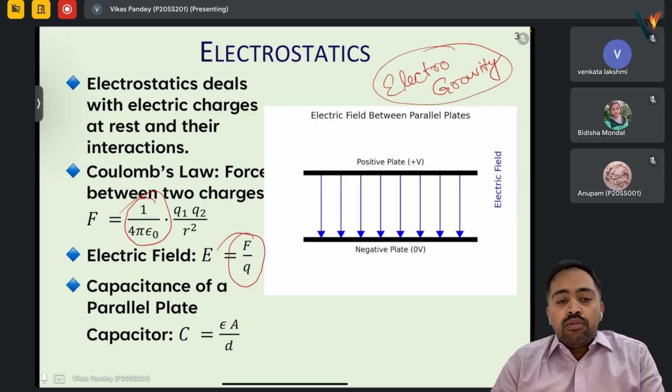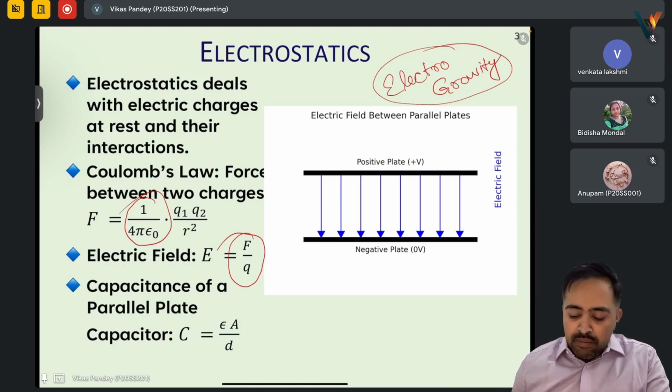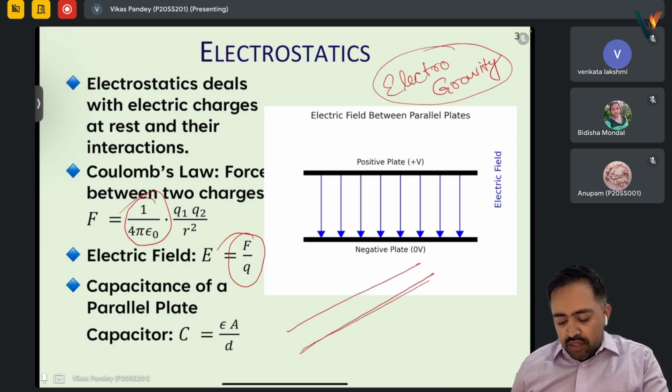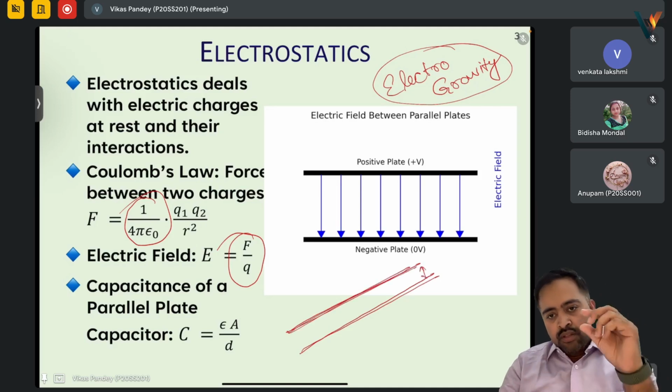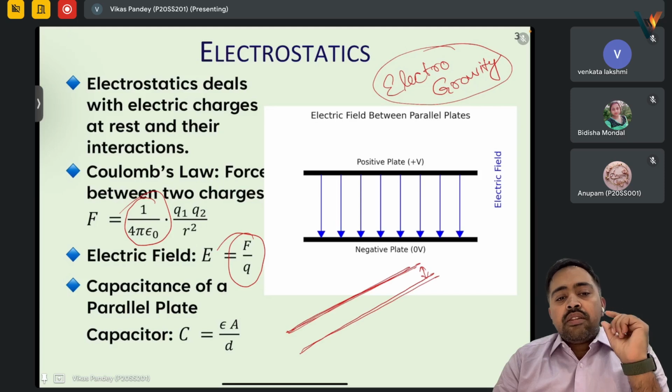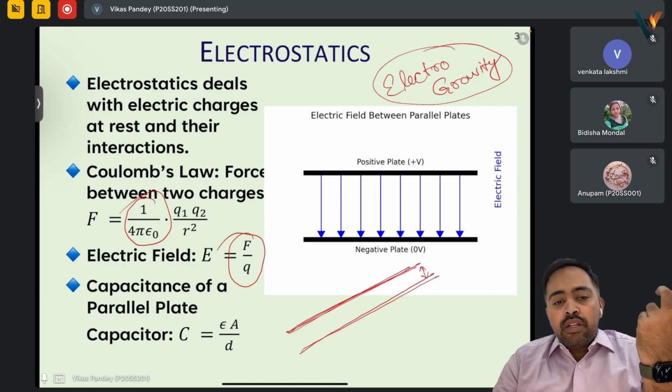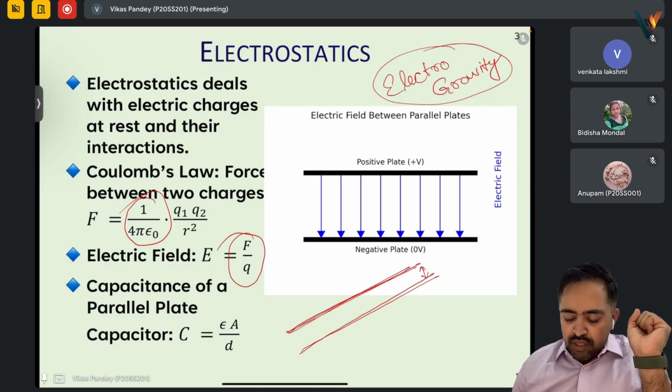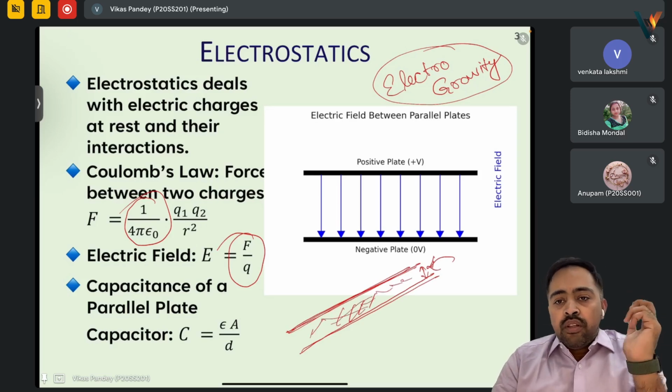And we have also seen the capacitance of a parallel plate capacitor, that means simply speaking, two conducting surfaces separated by a non-conducting material, dielectric or air. In this case, the capacitance developed will be epsilon A upon d, where epsilon is the dielectric constant of this dielectric or air, whatever is the medium there.